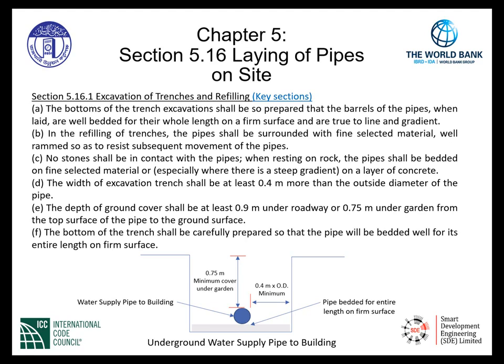Item E gives us the depth of the ground cover, and this section indicates that it needs to be at least 0.9 meters under the roadway or 0.75 meters under garden from the top surface of the pipe to the ground surface. Item F, finally, the bottom of the trench shall be carefully prepared so that the pipe will be bedded well for its entire length on a firm surface.